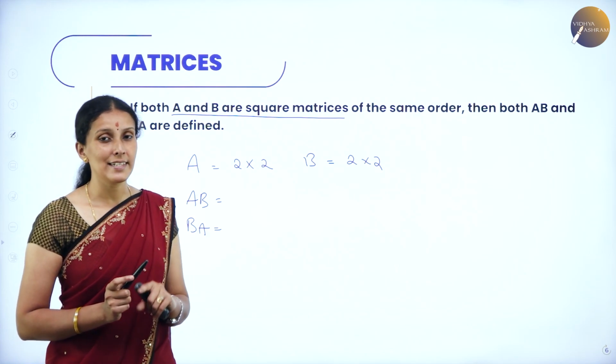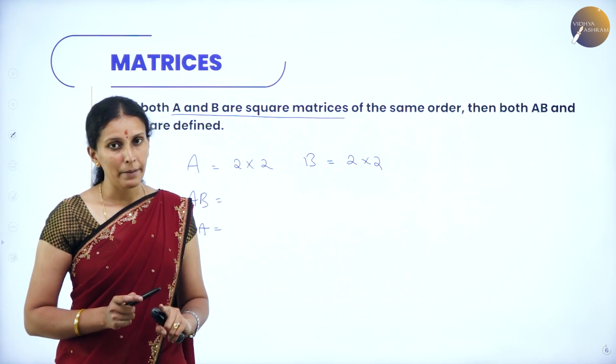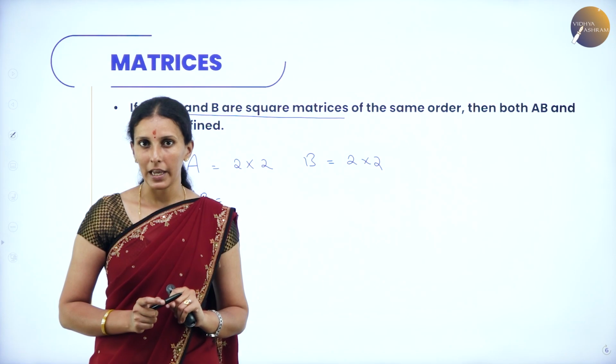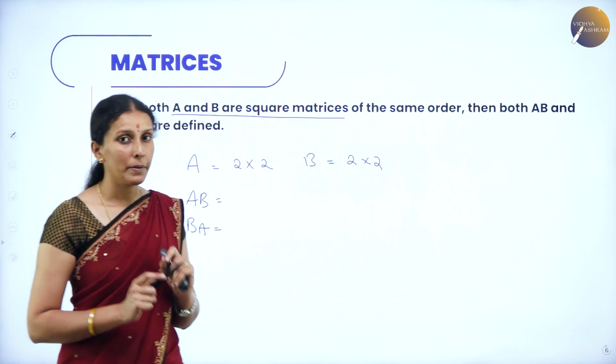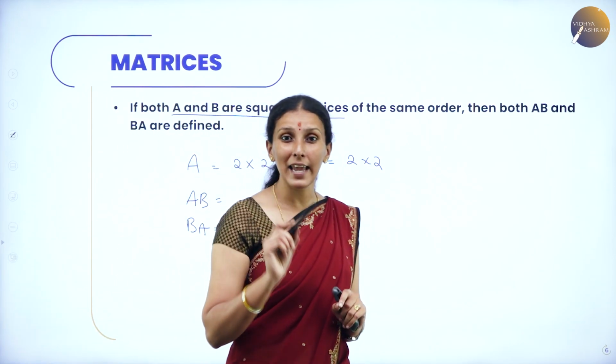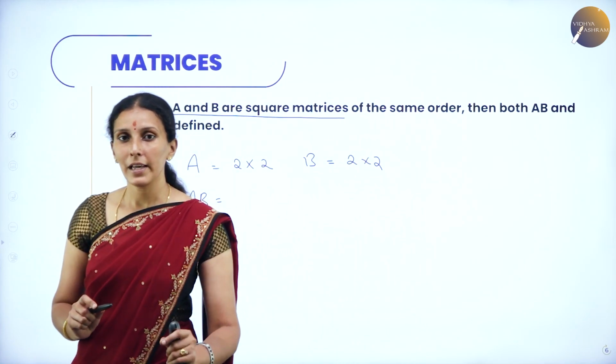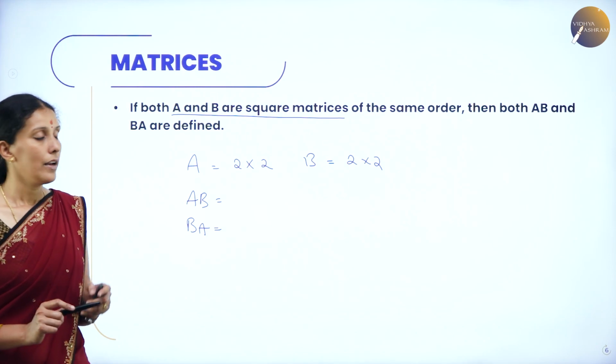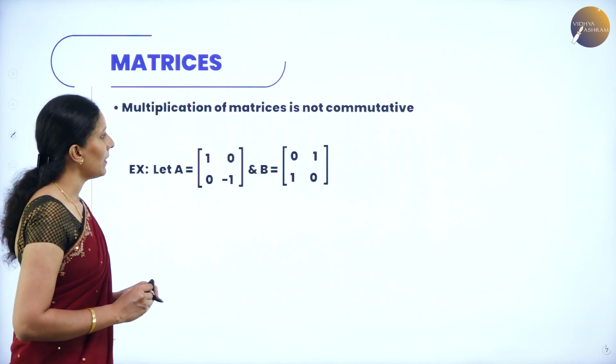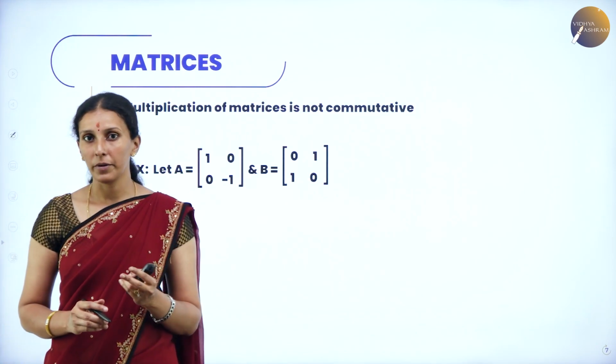Hence in those cases you can define product AB as well as product BA. Hence whenever A and B are square matrices of the same order, the product AB can be defined, and BA can also be defined. Next point, multiplication of matrices is not commutative.